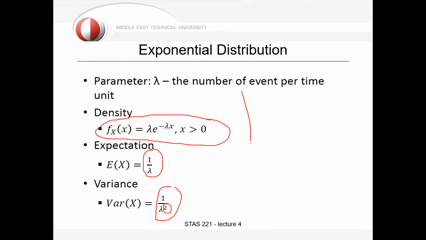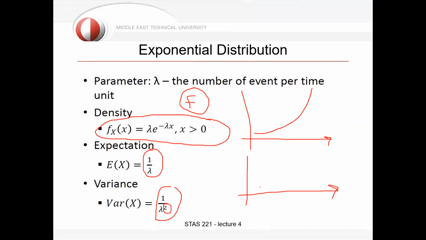So if I just briefly want to remind you, if I consider the cumulative version, like the CDF, capital F, then for Poisson distribution, you can see that it can increase exponentially. And for exponential distribution, you can see sometimes the same trend.